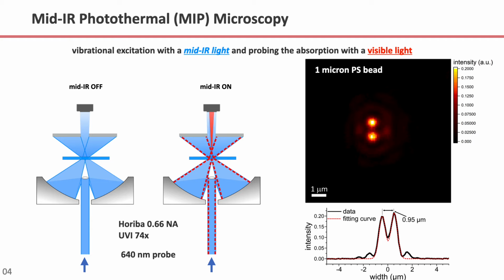The visible probe light, shown in blue, is deflected and reaches the detector when the mid-IR photon is absorbed by the sample and the temperature around it changes. As shown on the right-hand side, the measurement of a polystyrene bead with a diameter of 1 micron is possible, and especially it showed that the separation or distinction of two closely located beads is also feasible.